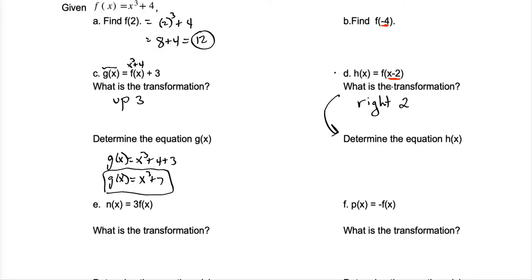So if you have information inside the parentheses, yeah, it was f, okay. Because the original equation was x cubed plus 4, we're going to put x minus 2 in place of x.